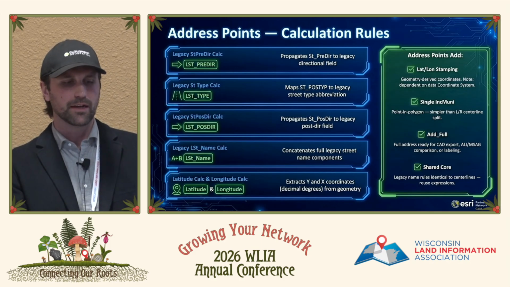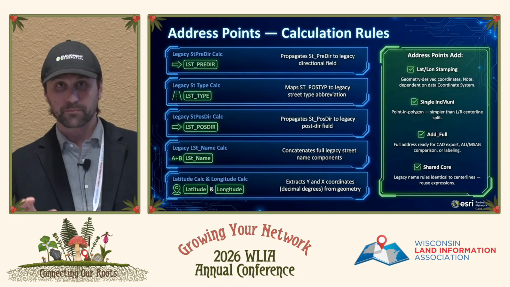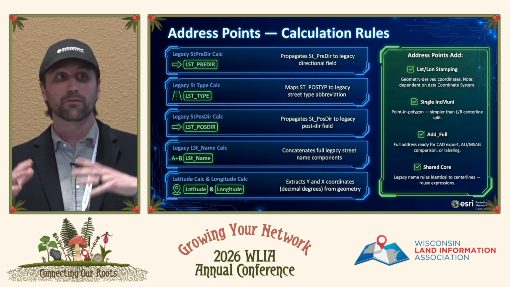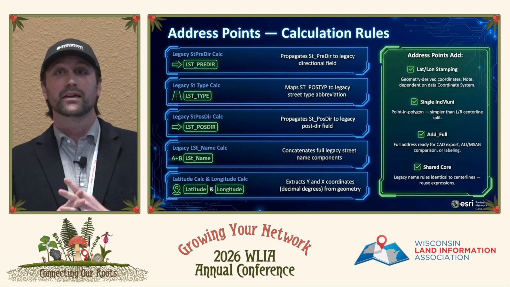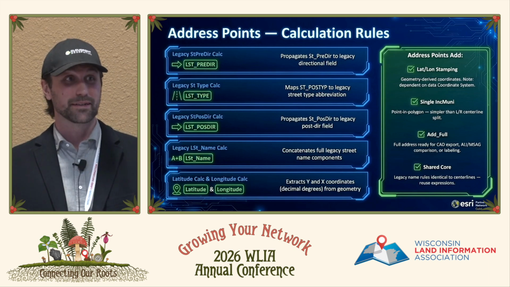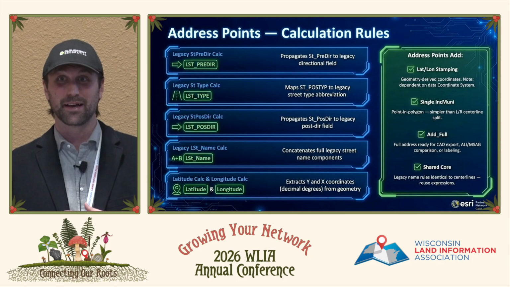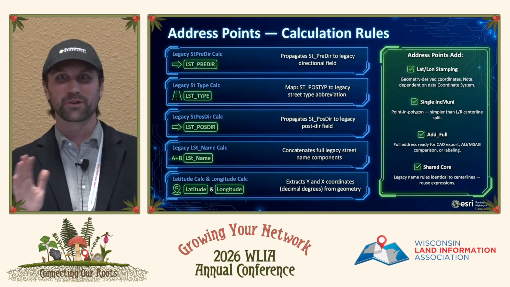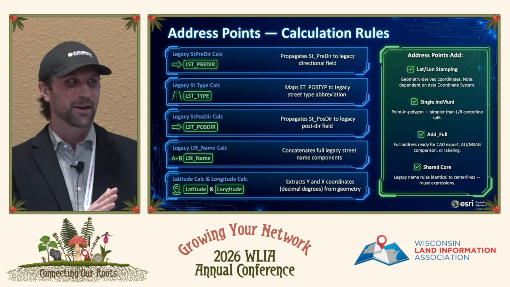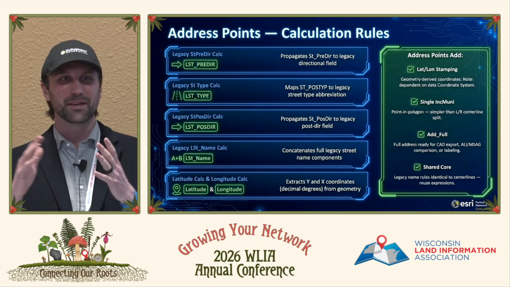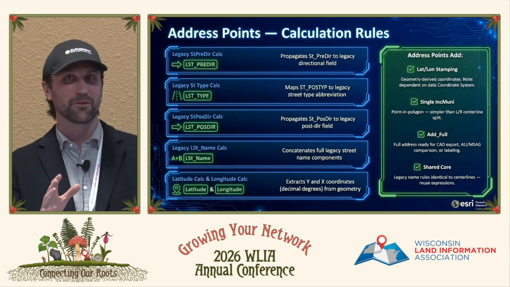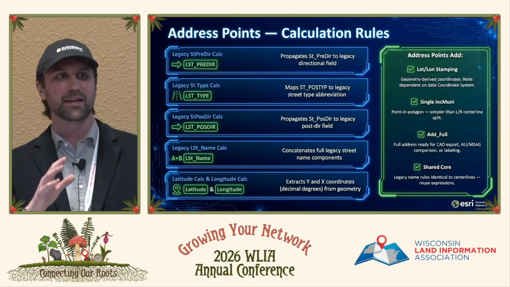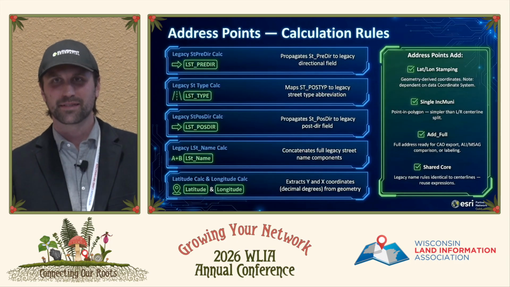As many of you familiar with the NG911 schema recognize, there is a lot of parsing happening in NG911. Especially in the pre's, we have pre-modifier, pre-type, pre-separator, all of those fields that aren't necessarily reflected like for like in the legacy schema.